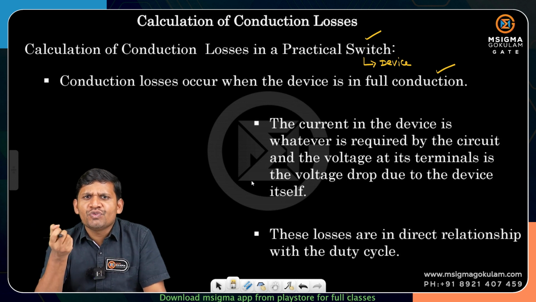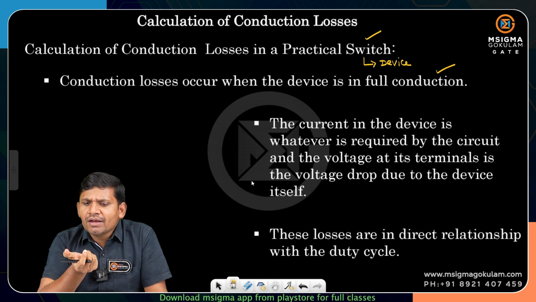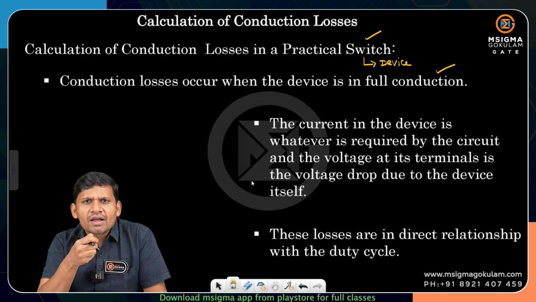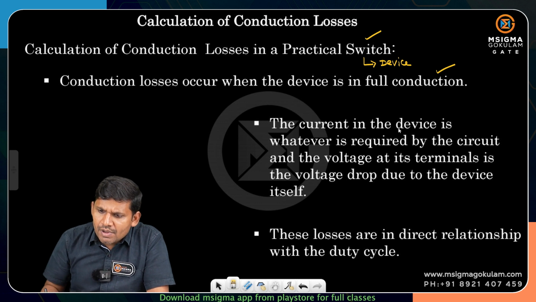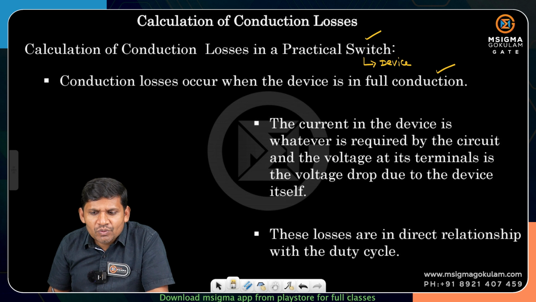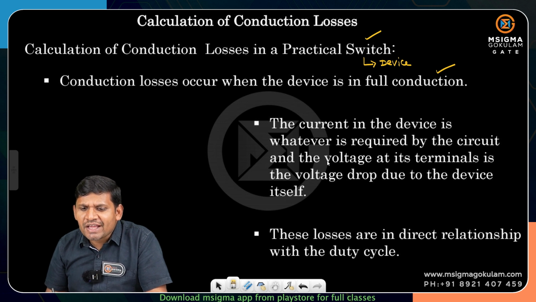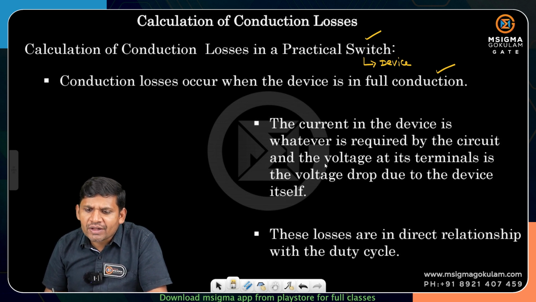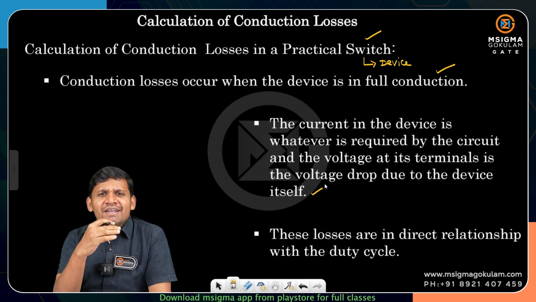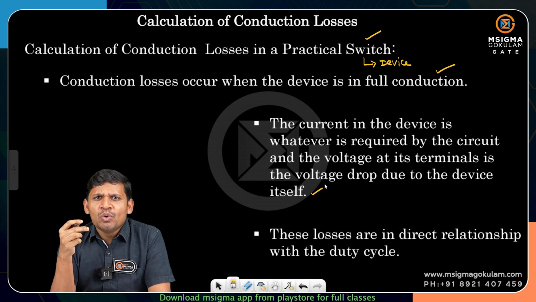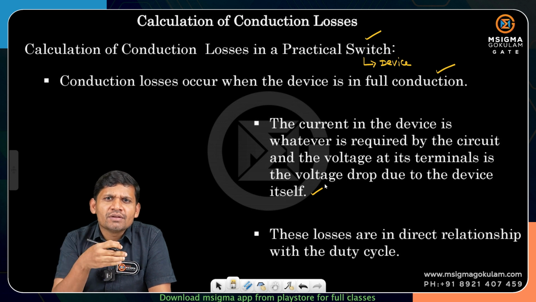How to calculate the switching losses was already given. But here, conduction losses occur only when the device is conducting. The current in the device is whatever is required by the circuit, and the voltage at its terminals is the voltage drop due to the device itself. That means if the device is conducting, based on the load, some current is flowing.